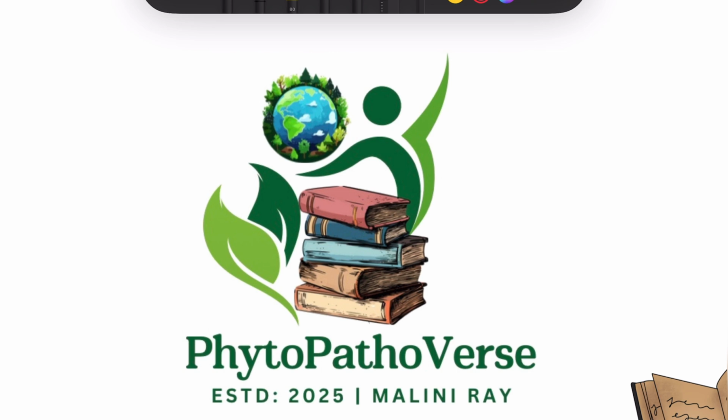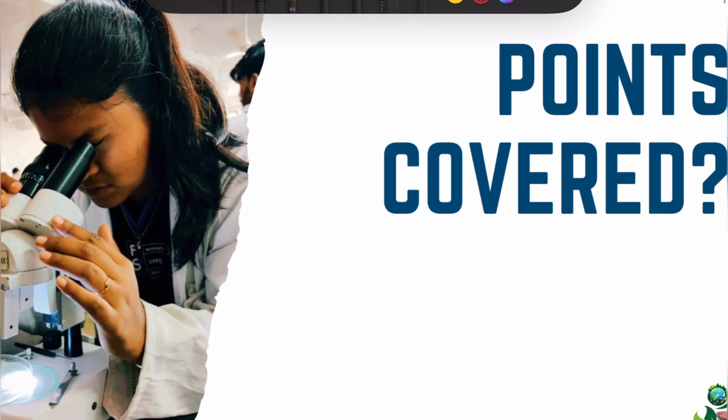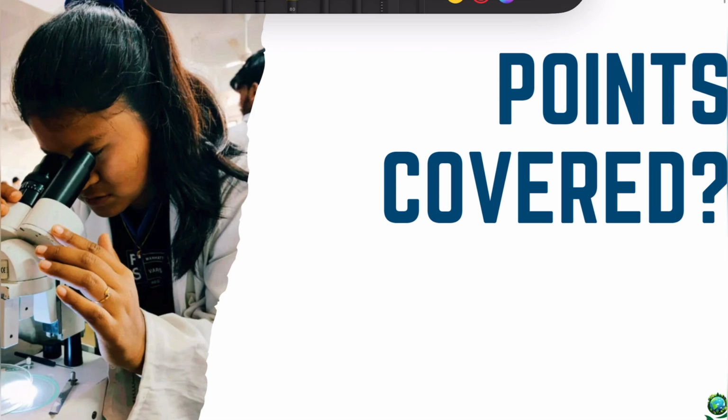Before we jump into chapter 2, let's quickly recap what we have covered in chapter 1 of GN Agrios. That is the history and development of plant pathology.